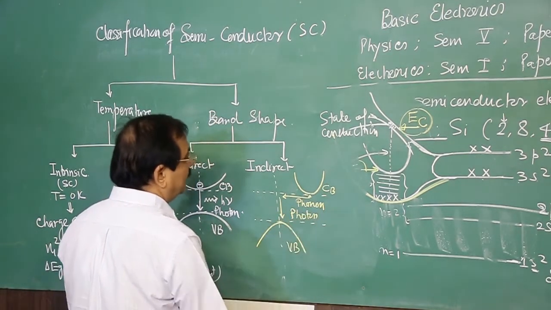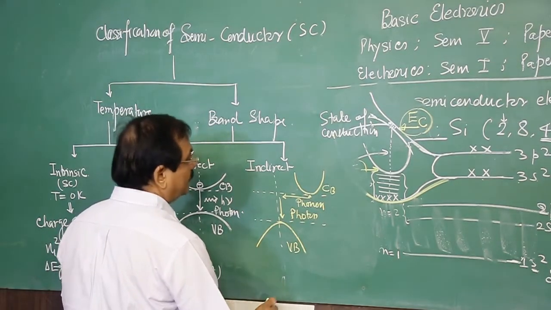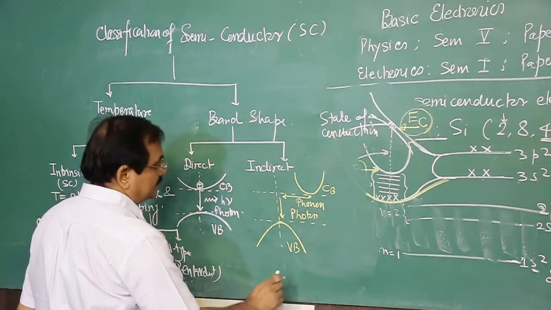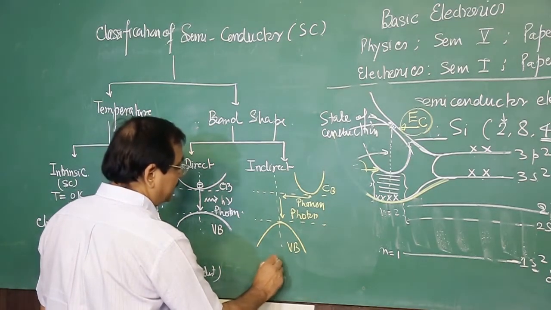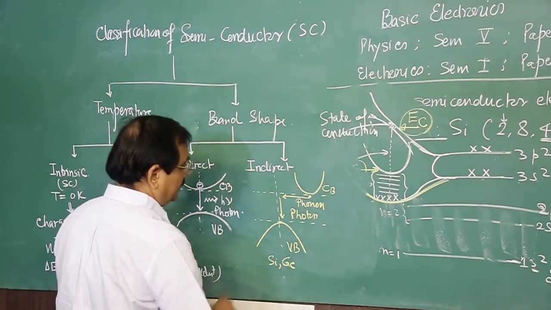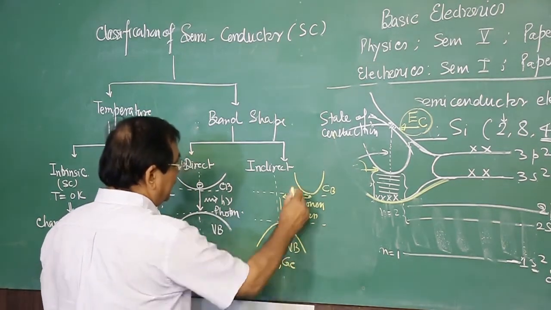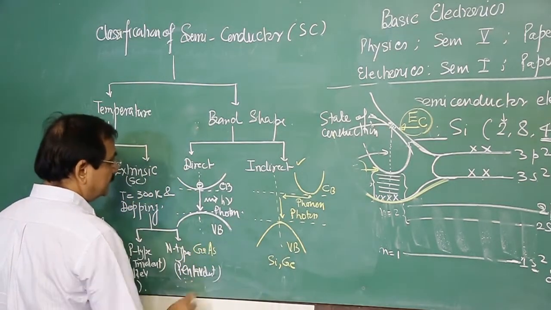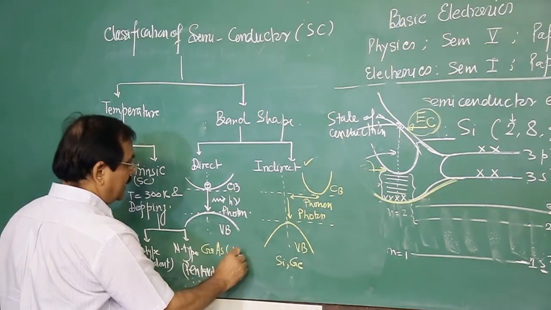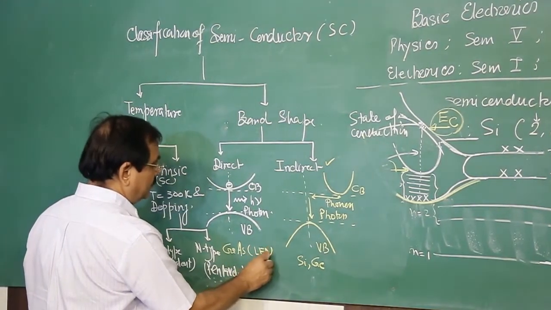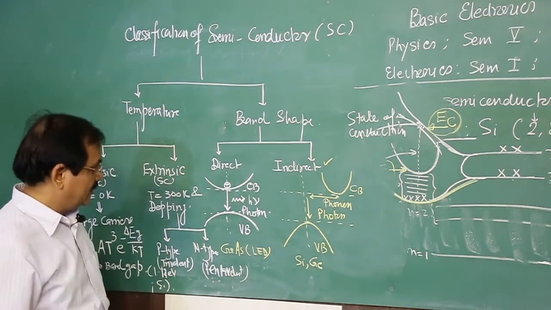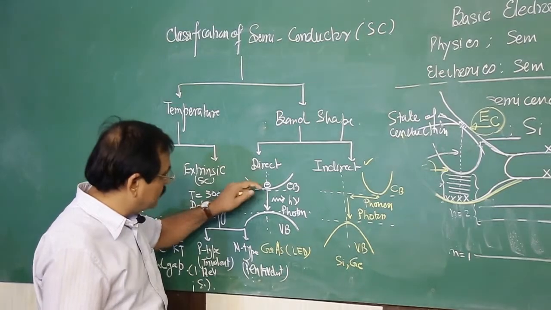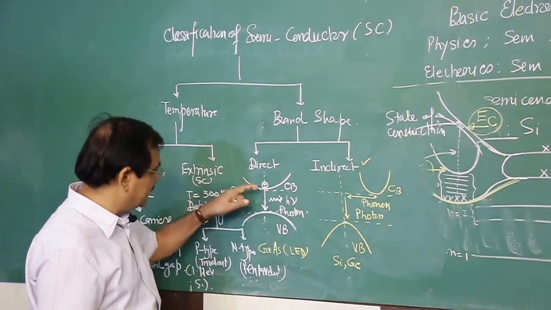So, it is phonon-photon interaction. The example is very clear: silicon and germanium are examples of indirect semiconductor, and gallium arsenide, through which we have light emitting diodes, is a direct semiconductor. That is why this has the higher energy. So, the jump of the electron from high energy to low energy is this much.